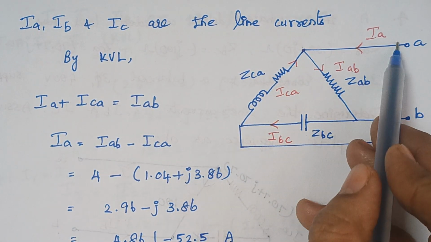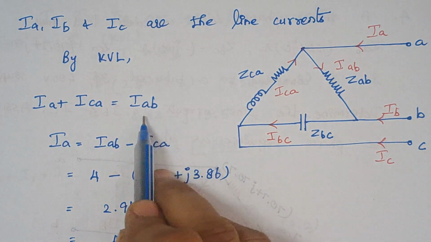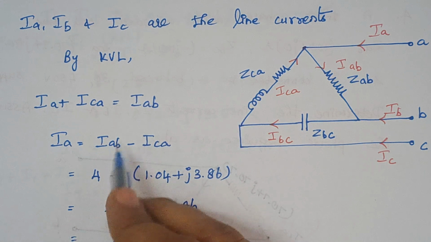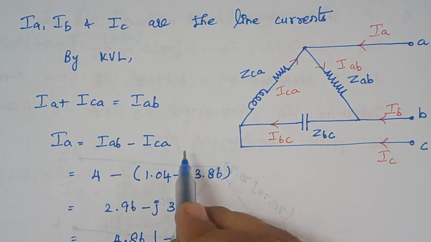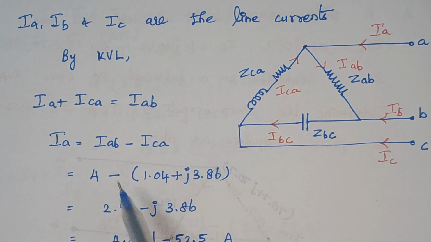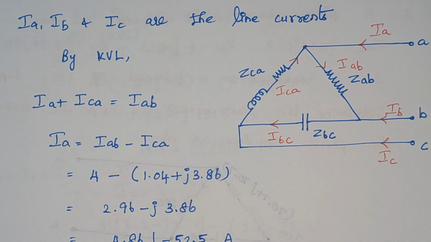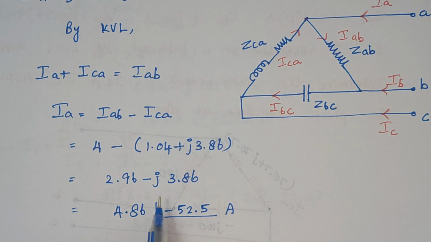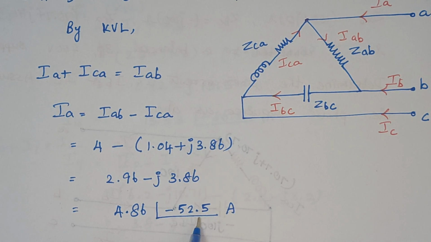Therefore ICA plus IA is equal to IAB. But what I need is IA, so IA equals IAB minus ICA. Just now we have calculated these values, so substitute and find the answer. The answer is 4.86 with an angle of minus 52.5.